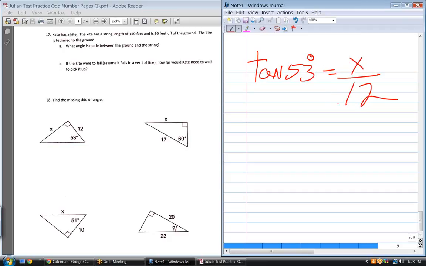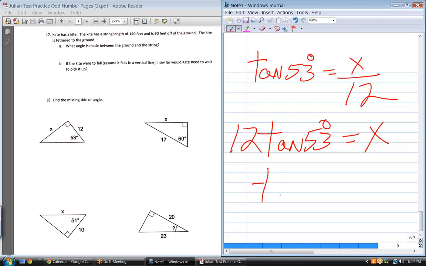The reason this is easier is because if we're going to solve for x, we only have to do one thing. We have to multiply both sides by 12. Okay? And that gives us our answer in one step. Now, to go back a step, you were focused on that 37-degree angle right there.